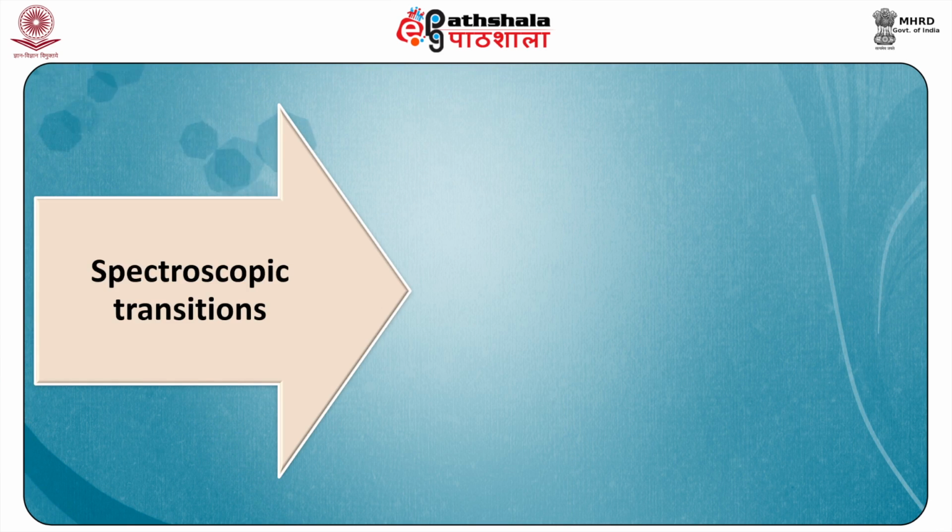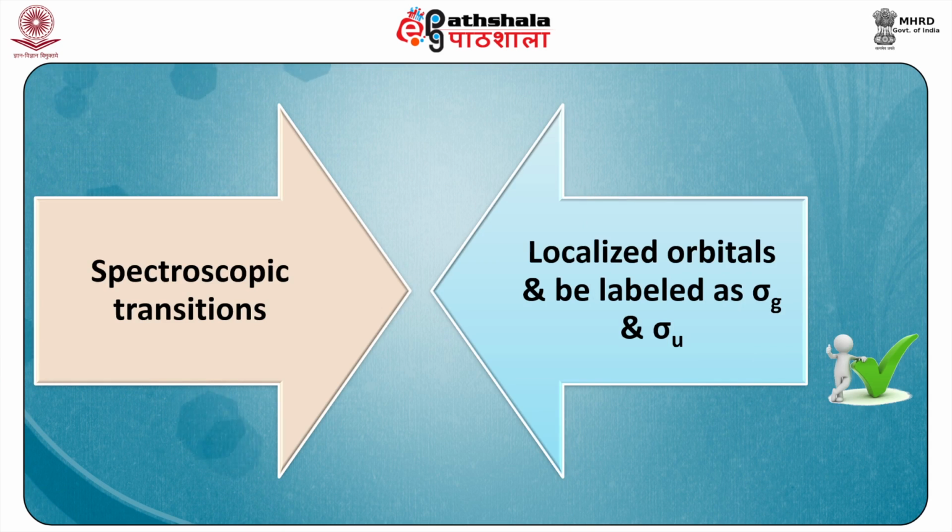The spectroscopic transitions involve non-localized combinations of the localized orbitals and are labeled as sigma g and sigma u. We note here that the hybridization of the s and the p valencies of the B atoms is neglected for simplification.